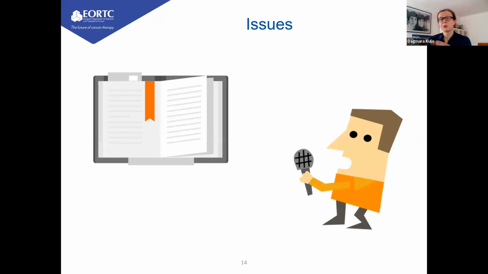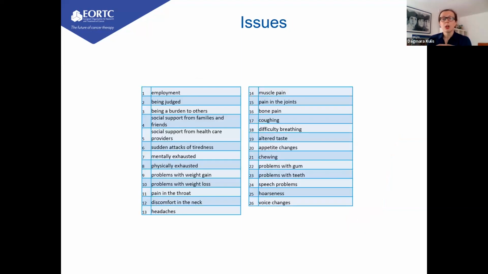And then we also do focus groups where patients and healthcare providers who work with those patients are interviewed. This way we can collect issues, which are something like keywords of things, problems, important questions for patients. This way we can create a really exhaustive list of all those issues.